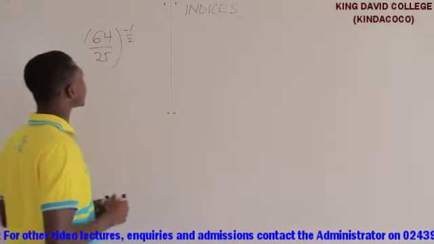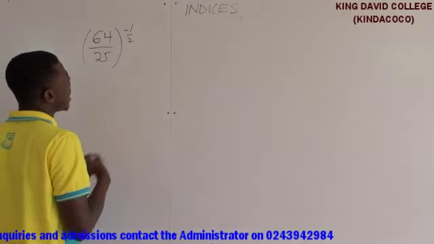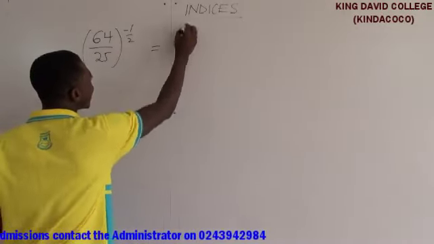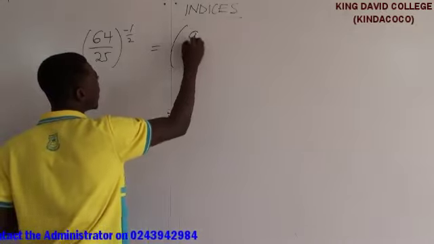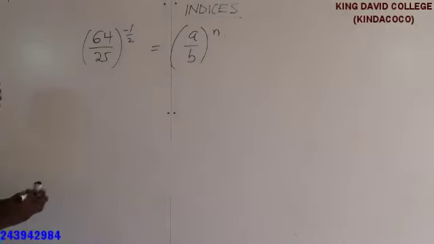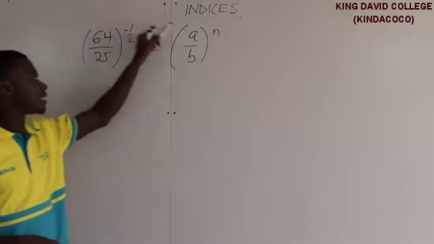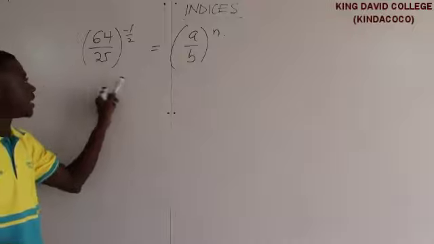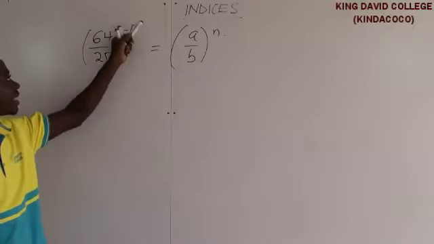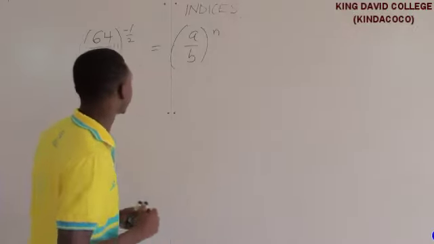When you see this, you remember one of the laws: a over b, all to the power n. It looks just like that. So this time around, my a is 64, my b is 25, and my n is negative half.